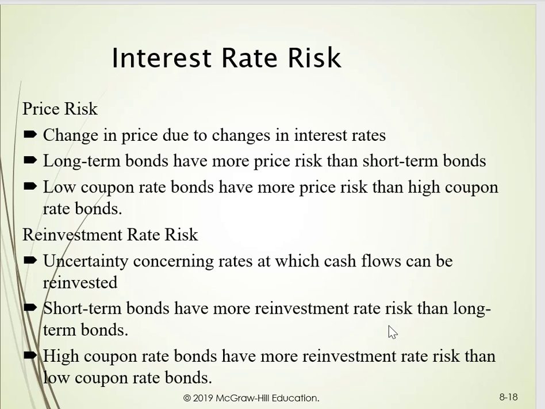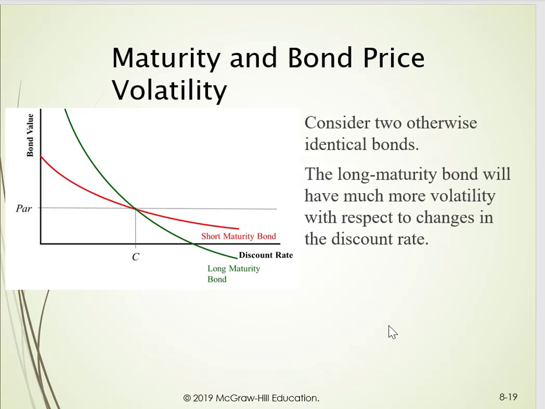So what does this look like graphically? Well, if you look at the differences in maturity, looking at the slope of the lines here, you can see that long-term maturity bonds are much more sensitive. They have a steeper slope than short-term bonds.